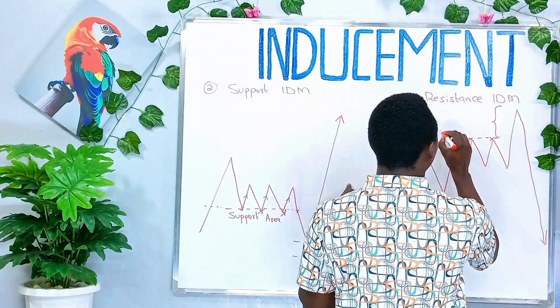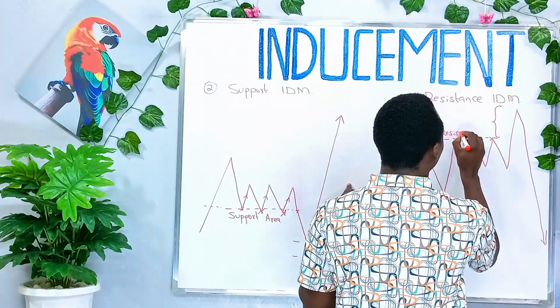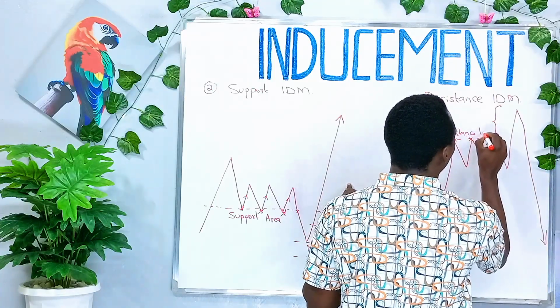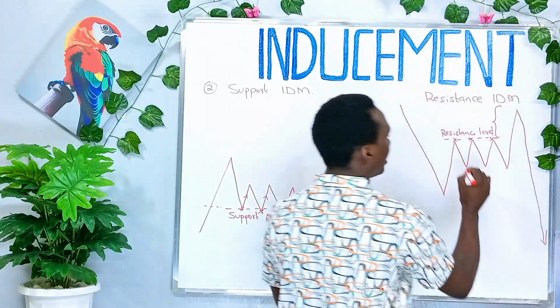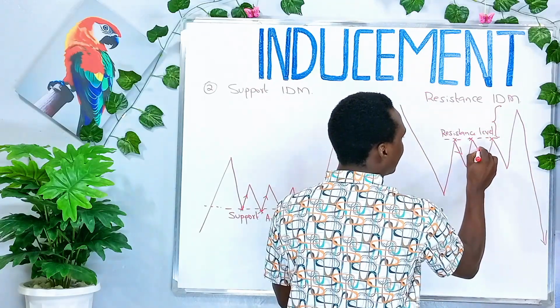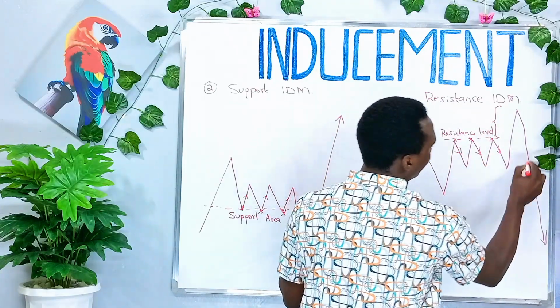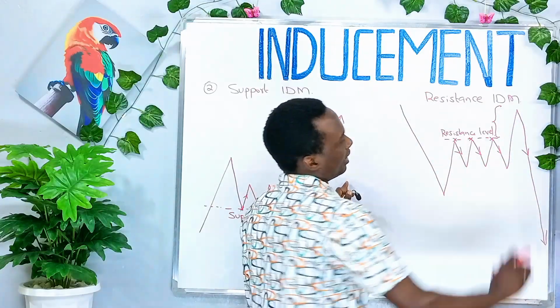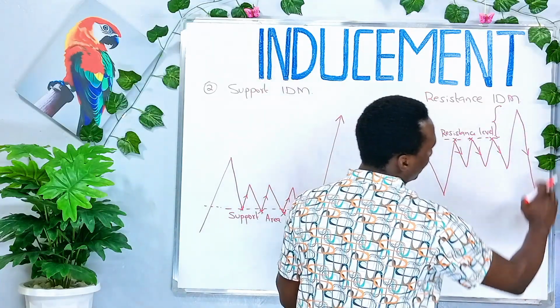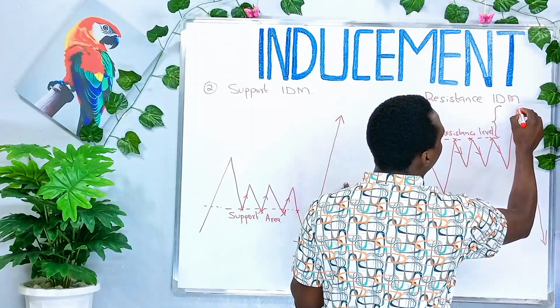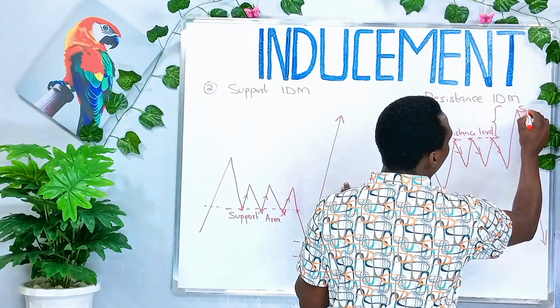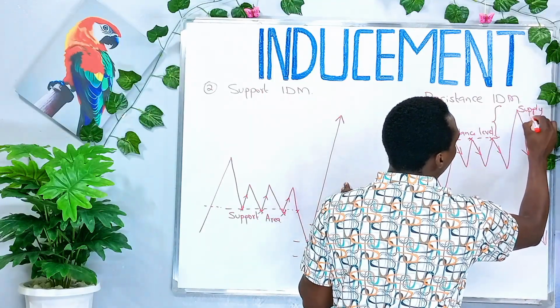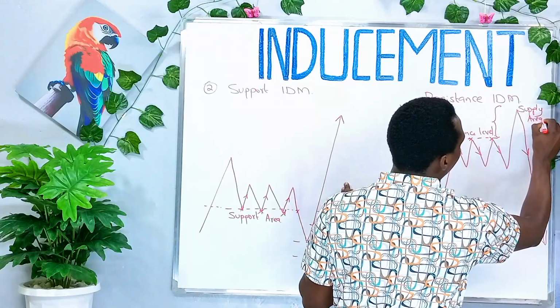So this one is called a resistance area or level. Remember, we are having some sellers here, sellers there, and definitely the smart money is selling from this place to this place. This one creates a supply area or supply level.